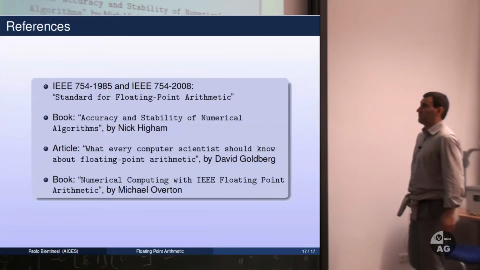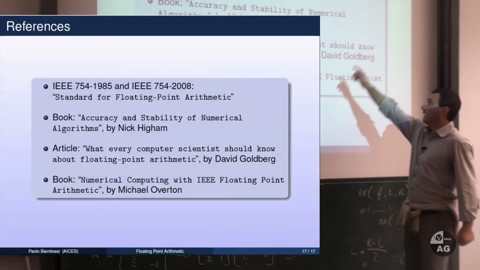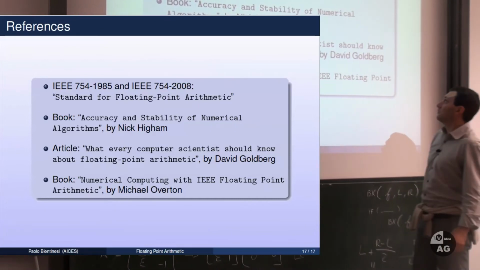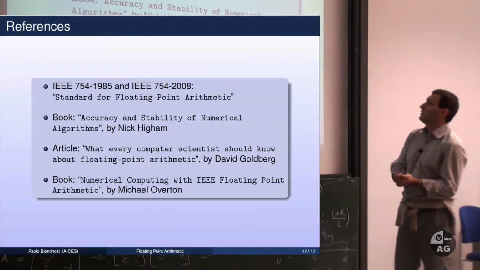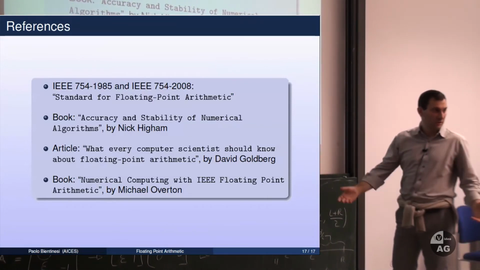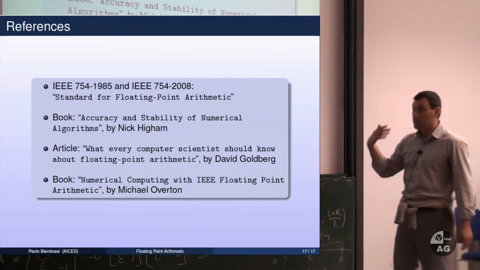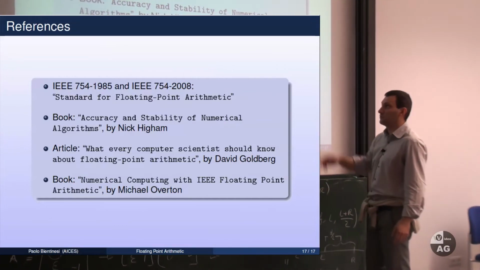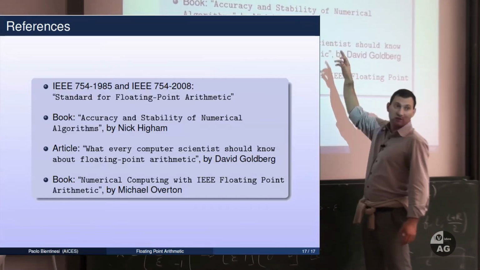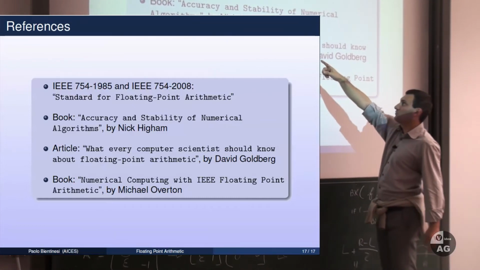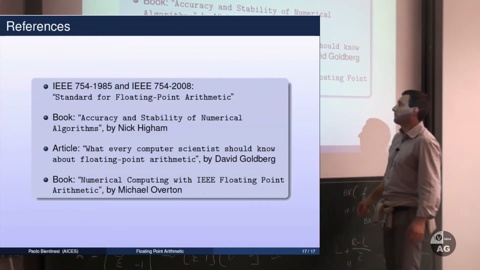Okay, references. IEEE standards. This has been revised recently. The first two are documents that define all of the properties and many, many more properties about floating point arithmetic. The Bible for stability analysis is Nick Higham's book, Accuracy and Stability.